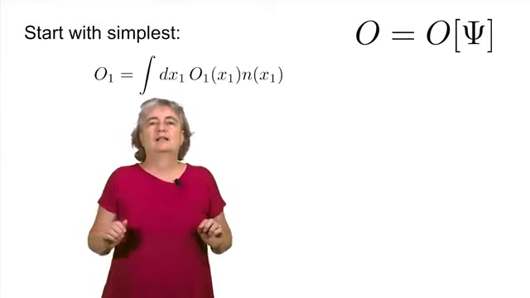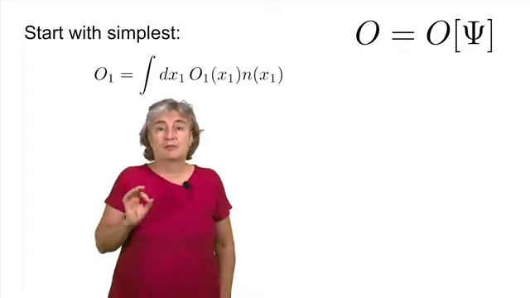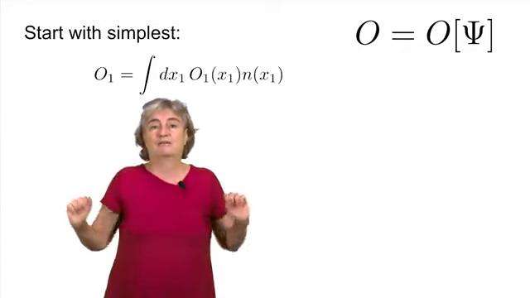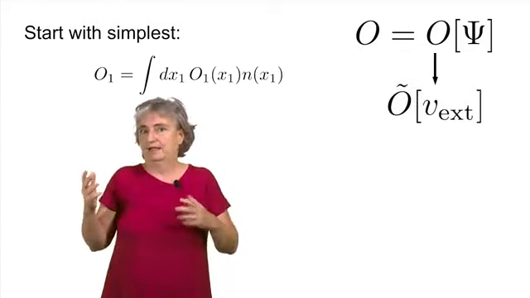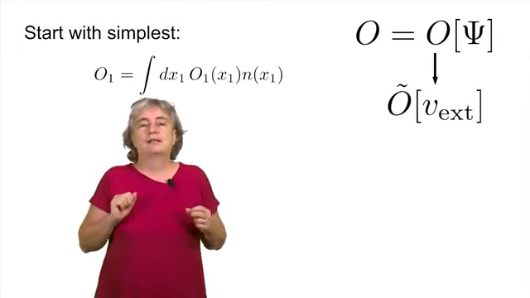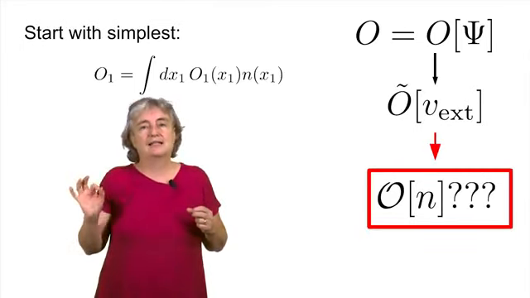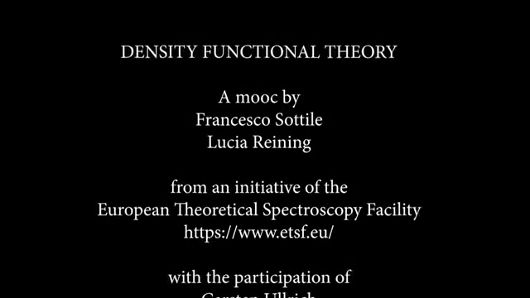So from now on, instead of expressing observables as functionals of the many-body wave functions or of the external potential, we will search for functionals of the density. Up to now, we don't even know whether this is possible. Nevertheless, I hope that you are motivated to accompany us in this adventure. We will see soon what we can do.